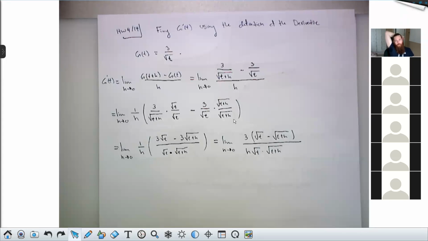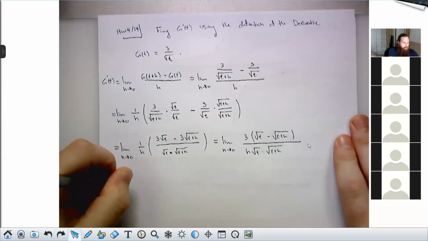We've seen this sort of situation before, right? Where I've got a square root minus a square root, and I can't take the limit yet because the bottom goes to 0. How did we handle those in the past? Multiply by the conjugate. Beautiful, we multiply by the conjugate. The conjugate of the numerator is what you get when you swap this minus for a plus. So I'm going to multiply top and bottom by root t plus root t plus h.